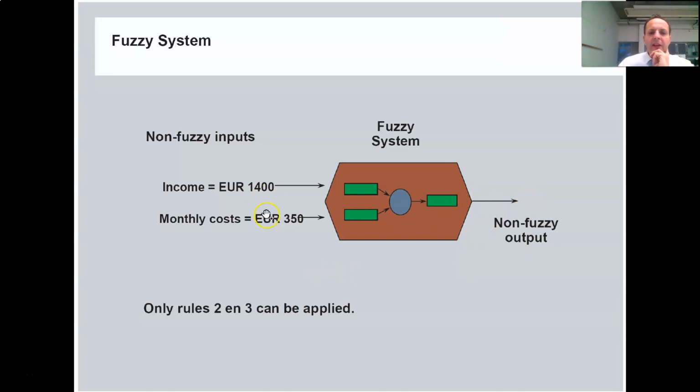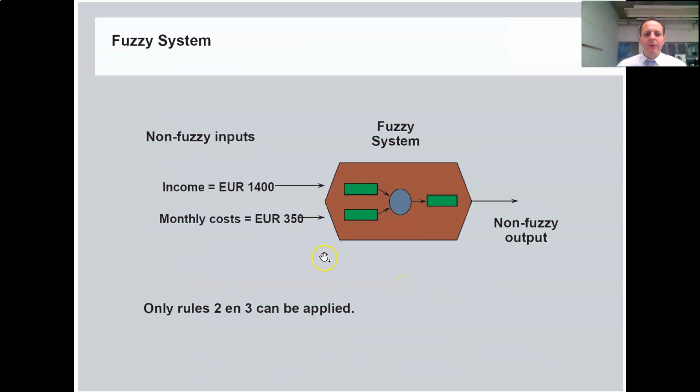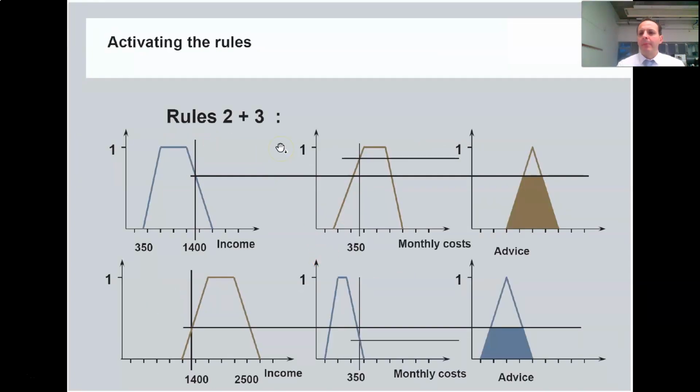And in this case, because the income is middle and the monthly cost is small, only the second and the third rules can be applied, and we can see here an example of the firing of the rules.